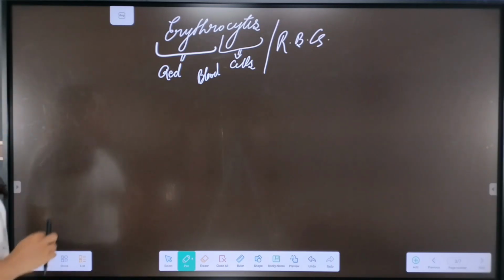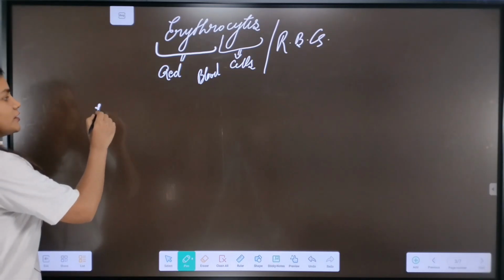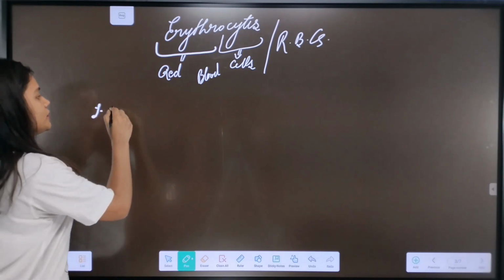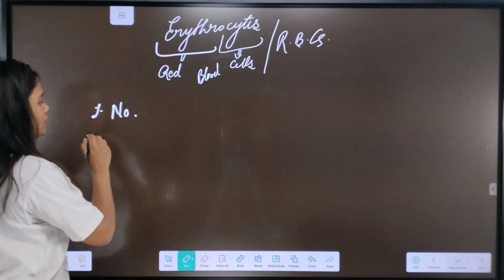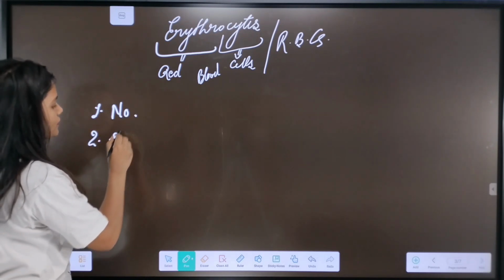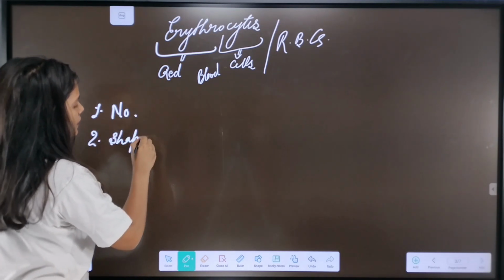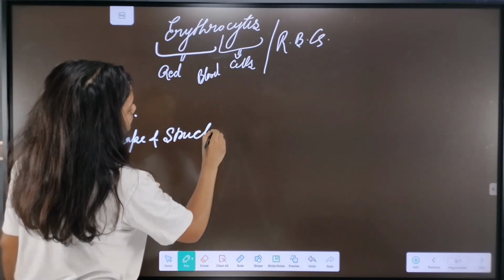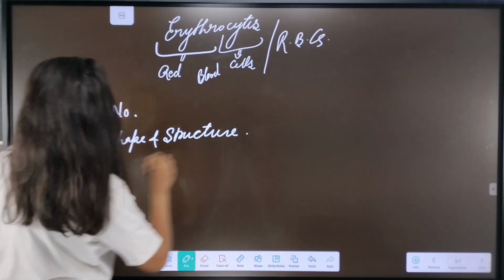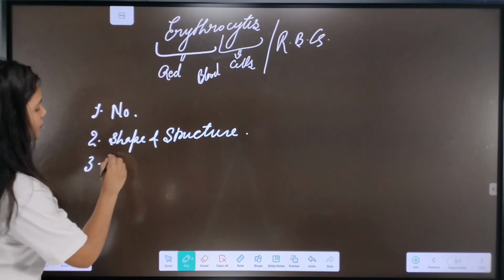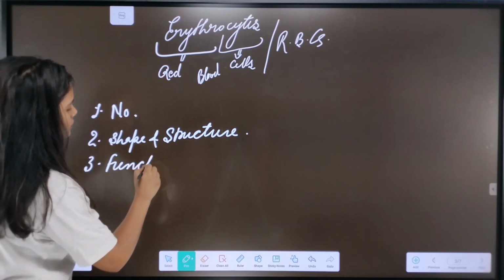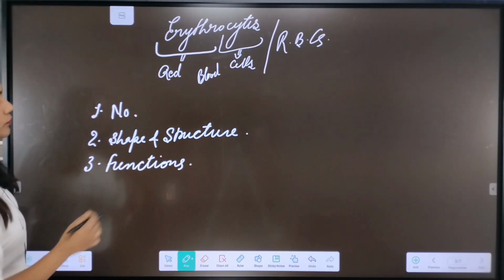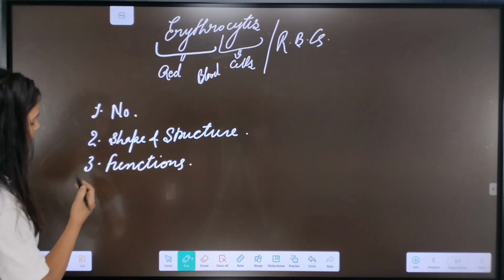The whole topic of RBCs we will discuss in the following topics. First of all, about their number, then about their shape and structure, third about their function, how they are able to perform that basic function.